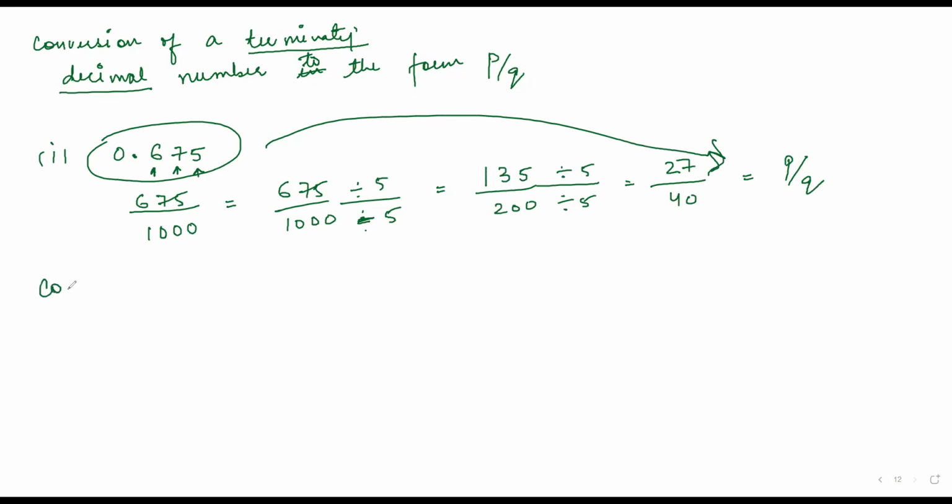Now the next topic which we are actually doing is conversion of a pure recurring decimal in the form P by Q. Actually, I have to start this topic today, so let me take a new page.